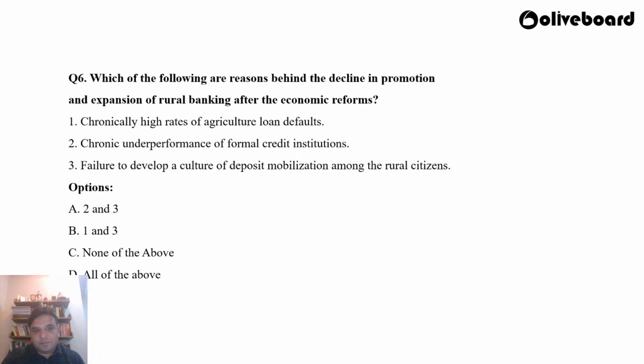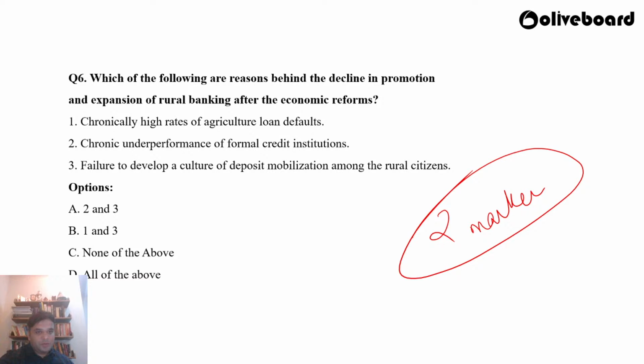Question number 6. Which of the following are the reasons behind the decline in promotion and expansion of rural banking after economic reforms? A typical 2 marker which could be asked in RBI Grade B Phase 2. First, chronically high rates of agriculture loan defaults.